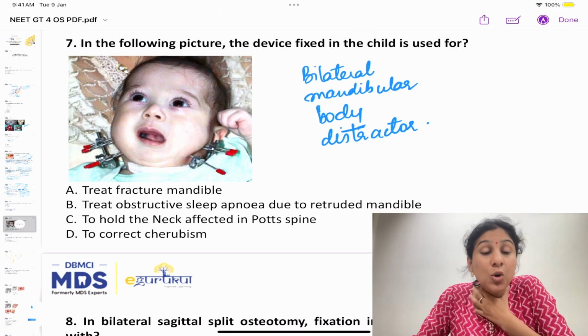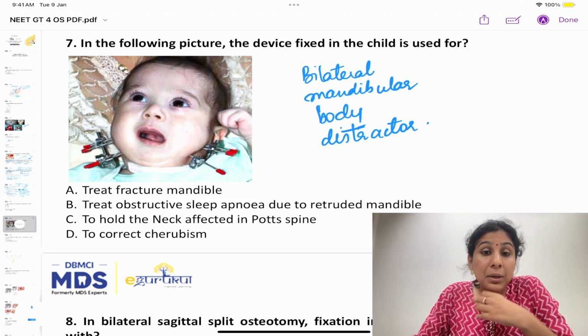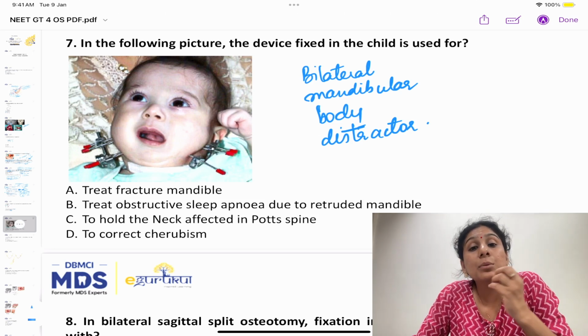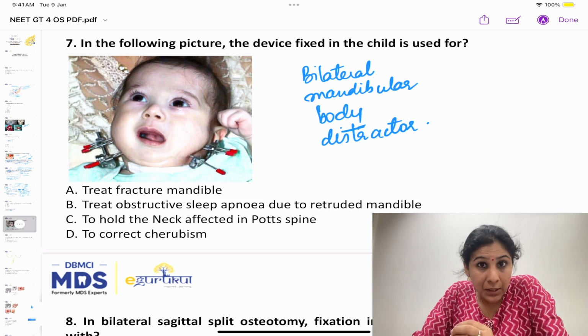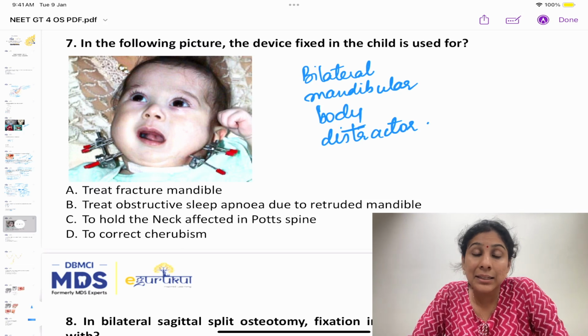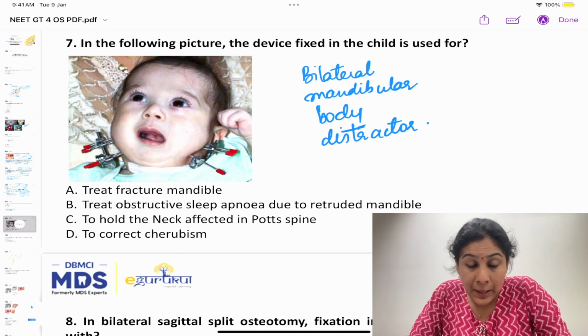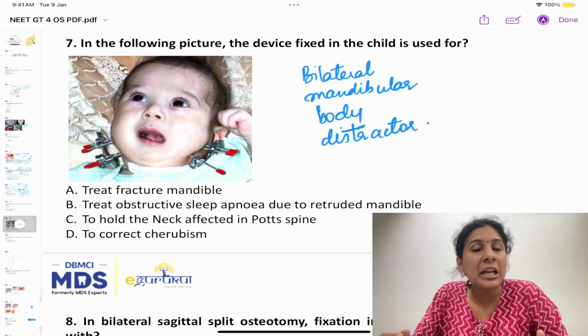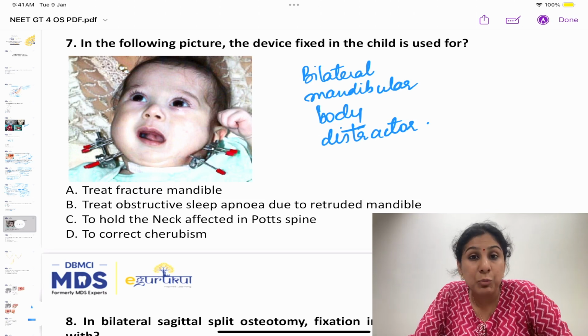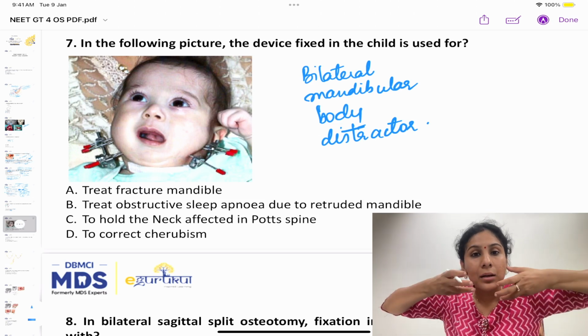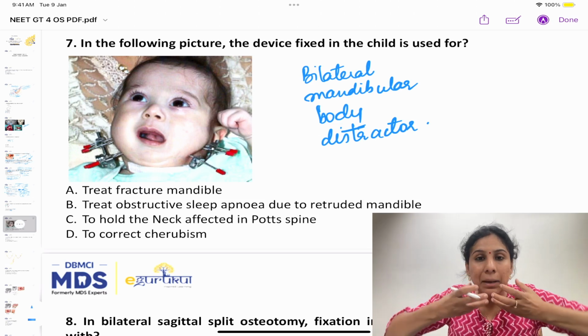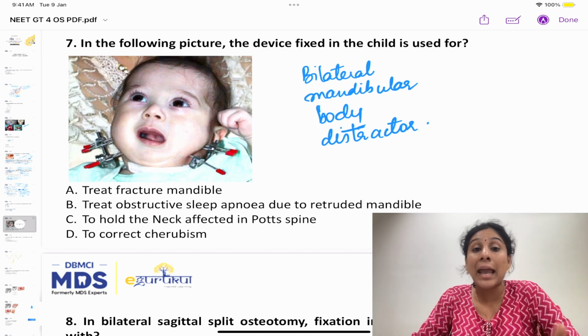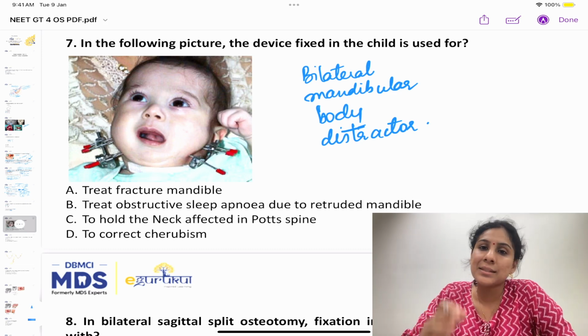Like you can see here, this is already corrected with the distractor. But maybe the child had a hypoplastic mandible causing obstructive sleep apnea. It is very commonly seen in conditions like Pierre-Robin sequence. So in such cases, even in infancy, even in the first year of birth, you can do a bilateral body distraction, distract the mandible forward and correct the airway which is compromised in such children.